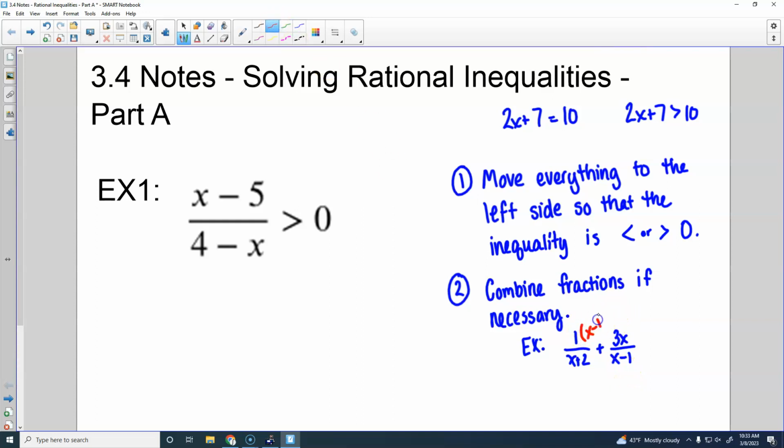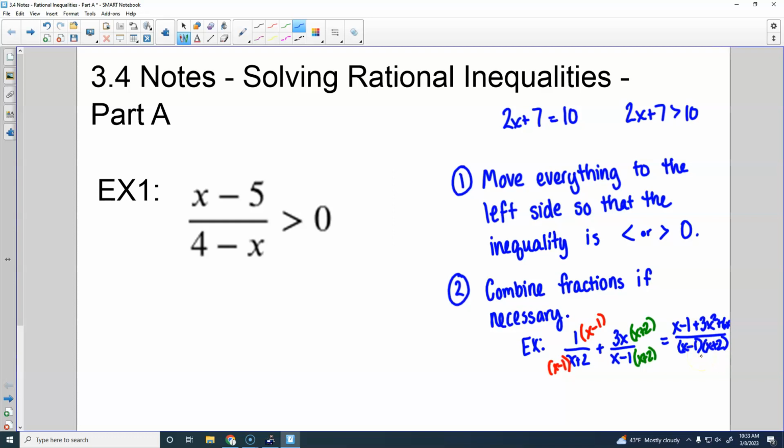This is the x minus 1, and this would be x plus 2. If we put that together, we would get x minus 1 plus 3x squared plus 6x all over x minus 1, x plus 2.